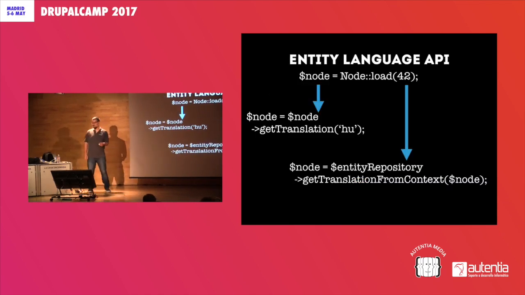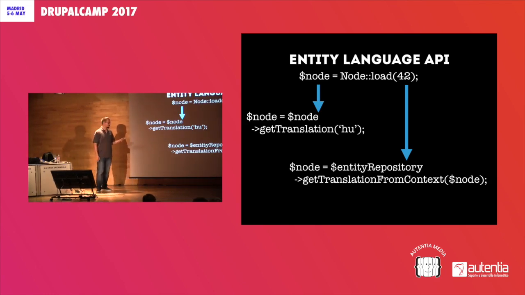So how do we load this data? In every entity, we will have a load method. In the same way, when we load a content entity object, we have the get translation method, and we can pass a lang code, and we will get the same object, but with this translation set up, so we can print any value from this.